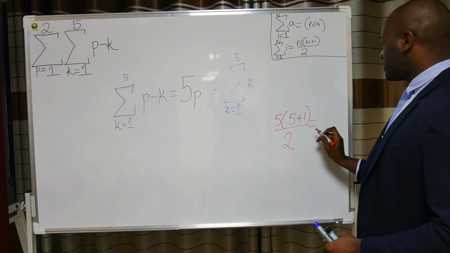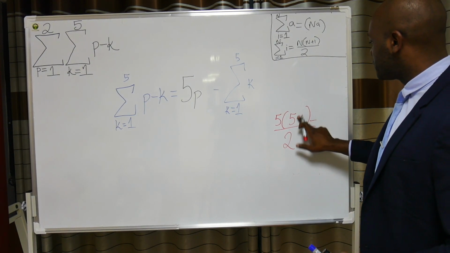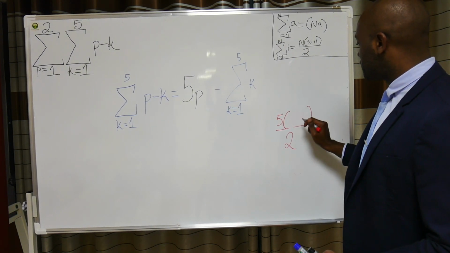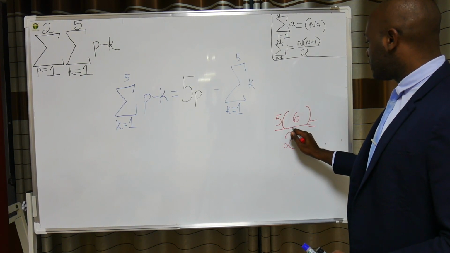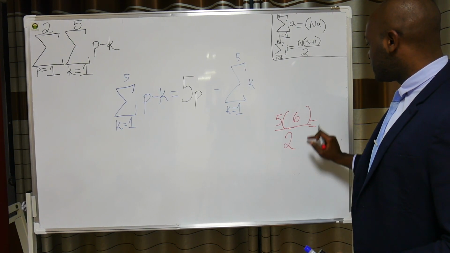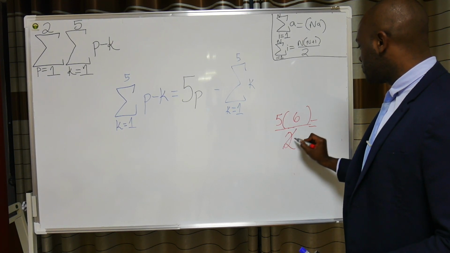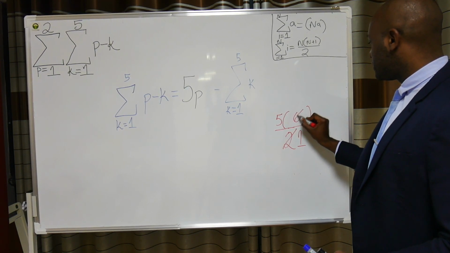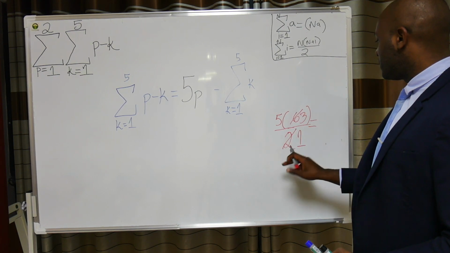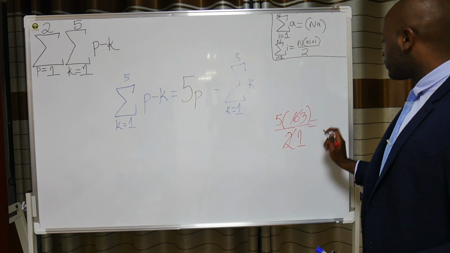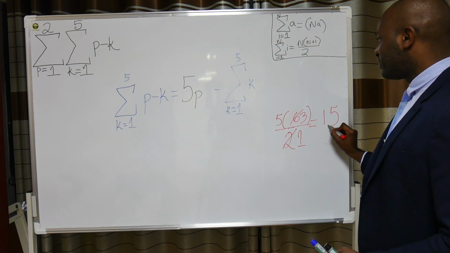We can say 5 plus 1 equals 6, so I'm going to erase this and write 6. Then we can divide both sides by 2. Dividing 2 by 2 will give you 1. Dividing 6 by 2 will give you 3. And we're left with 5 times 3 over 1, which of course equals 15.